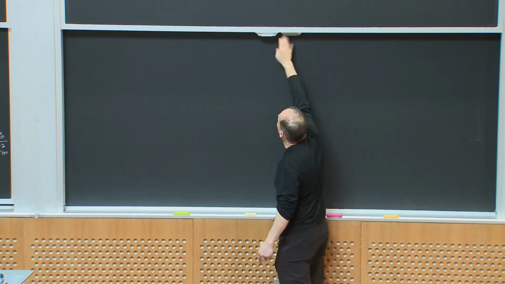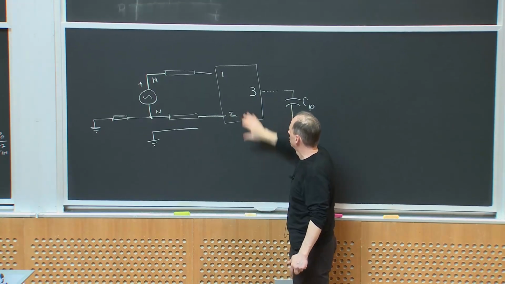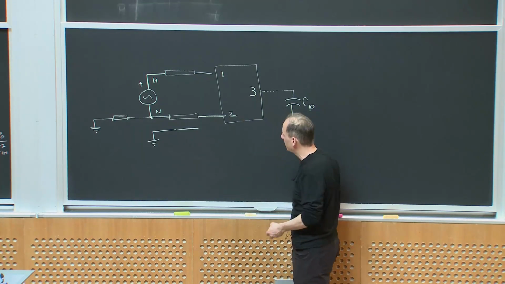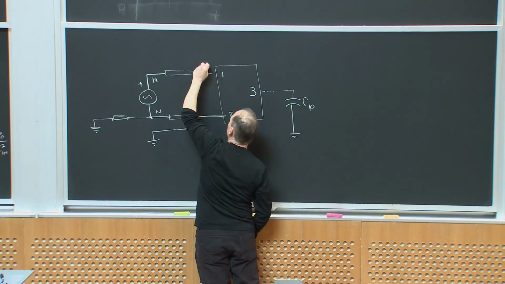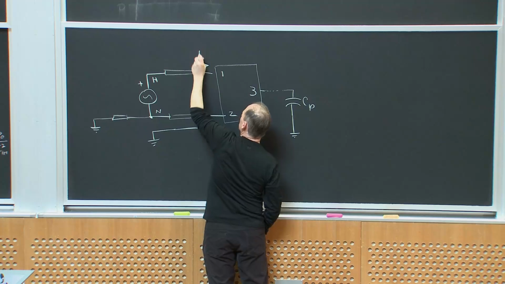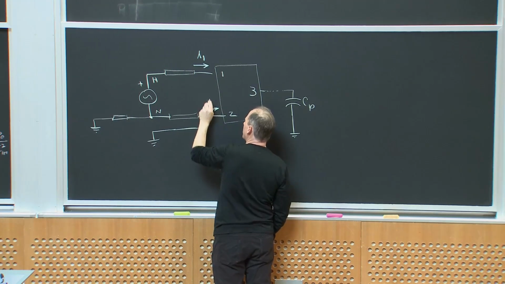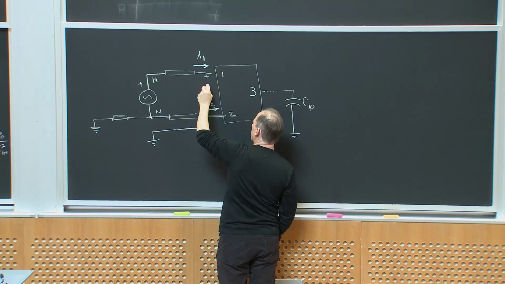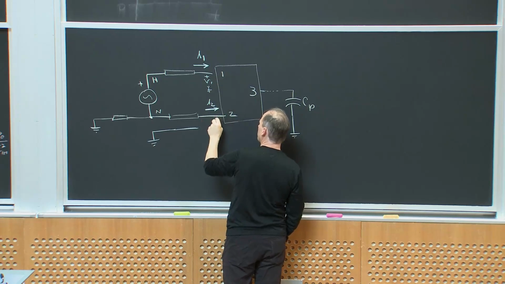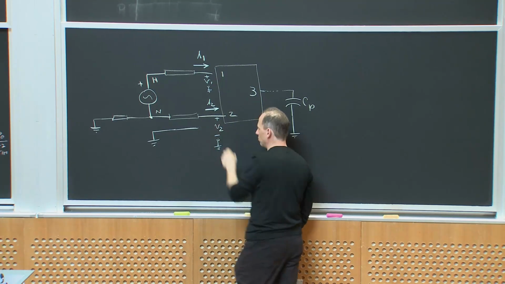When I go to think about this network, maybe I will think about a current into terminal 1 that I'm going to call I1, and a current into terminal 2 that I'm going to call I2. Again, I could talk about the voltage at terminal 1 with respect to ground, which I'm going to call V1, and the voltage at terminal 2 with respect to ground, which I'm going to call V2.